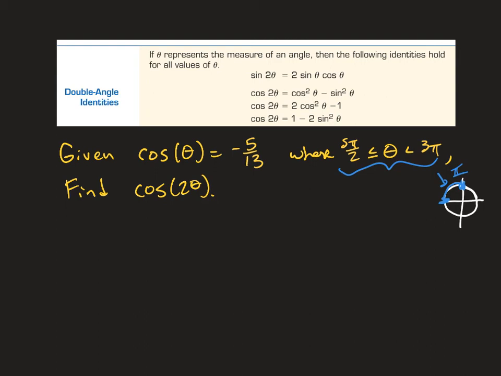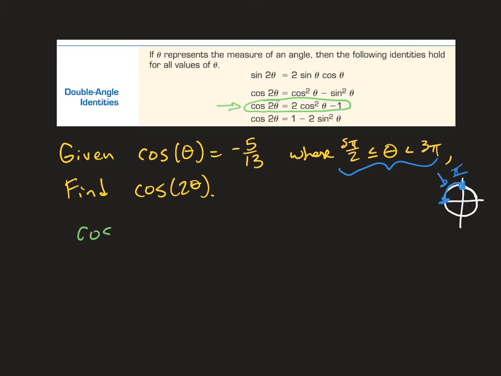Now we are asked to find the cosine of 2 theta, and the only thing I know is that the cosine of theta equals negative 5 over 13. So, good news is we have a formula that only requires us to know the cosine of theta in order to get this problem. So I'm going to use this formula here, the second of the cosine 2 theta formulas.